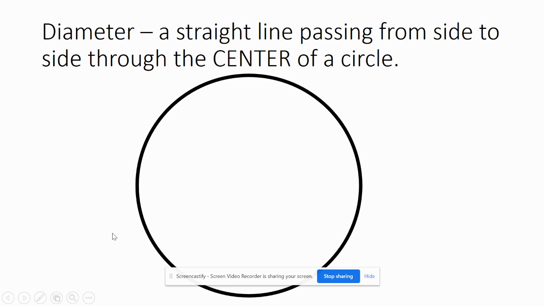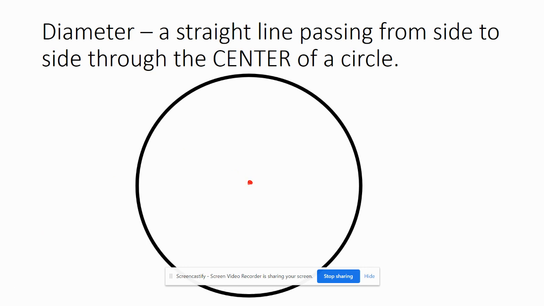First off, a diameter is a straight line passing from one side to side through the center of a circle. So notice I have center in all caps here. That means that it has to go to the center. That is very important.